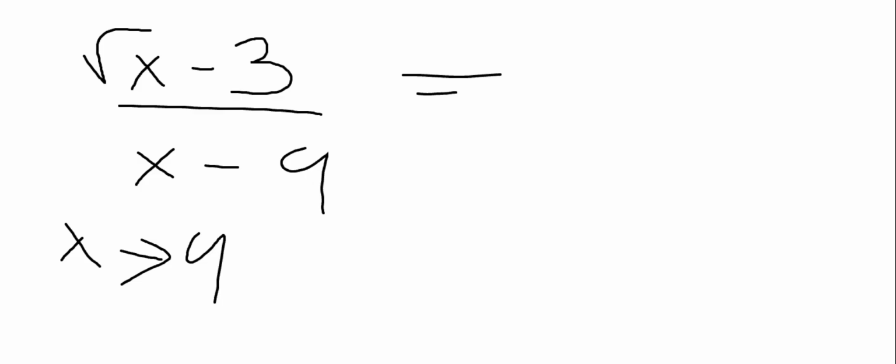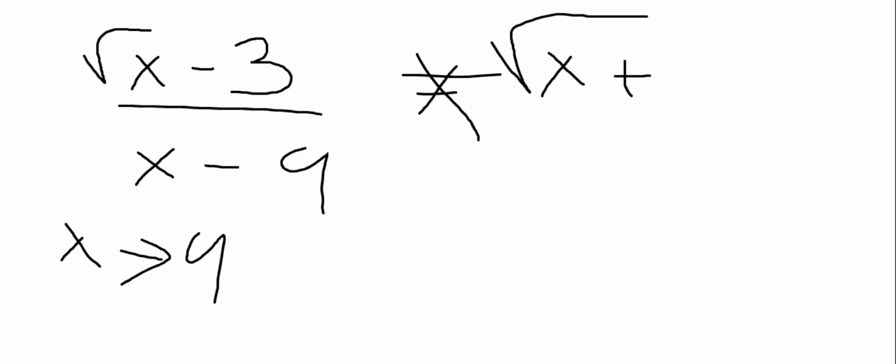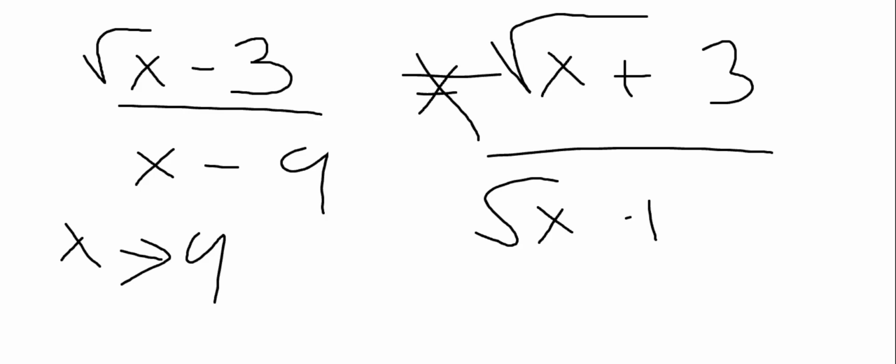So the first thing that you should know is notice something here. You have a square root minus 3. So the first thing that you should do is actually multiply by the conjugate, which is the square root of x plus 3 over the square root of x plus 3.